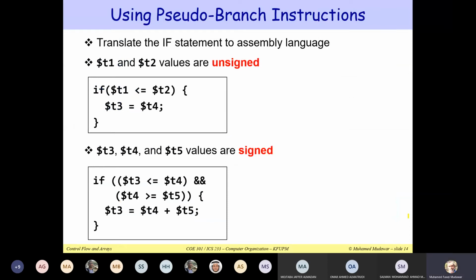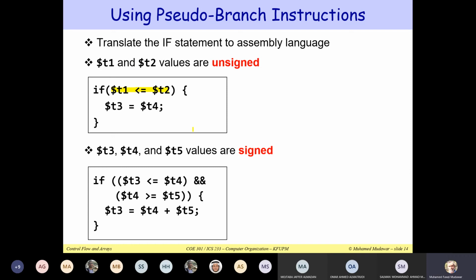Now we can use these pseudo branch instructions in programming. Once we have defined them in the assembler, it becomes very convenient to translate if statements using the pseudo branch instructions. Let us take a look at the first example. I would like to say that if T1 is less than or equal to T2, then execute this instruction.